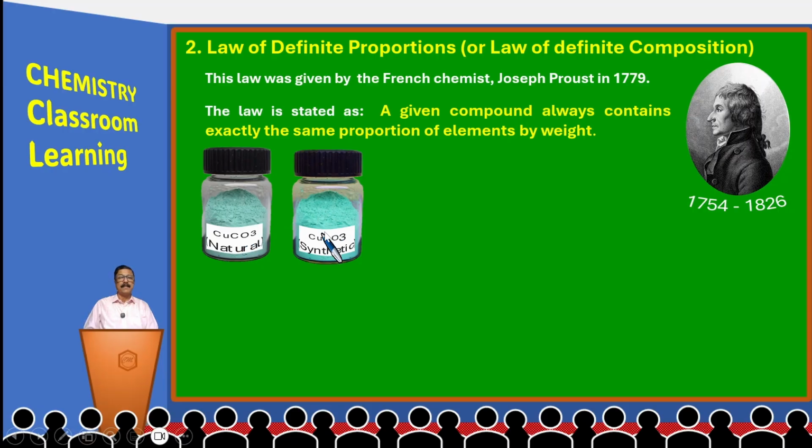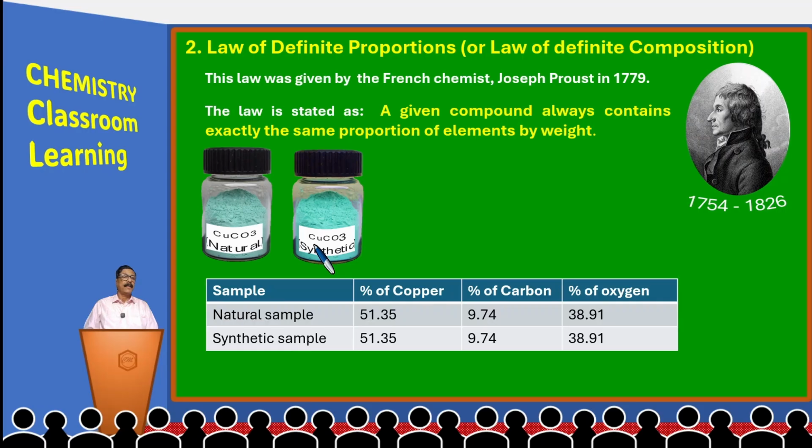And the second one is synthetically prepared in the laboratory. Analysis gave the following data: natural sample, synthetic sample, the percentage of copper, percentage of carbon, and percentage of oxygen.